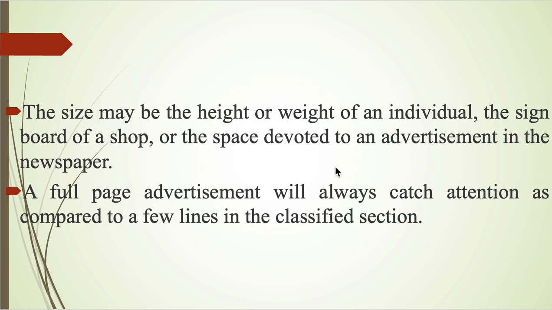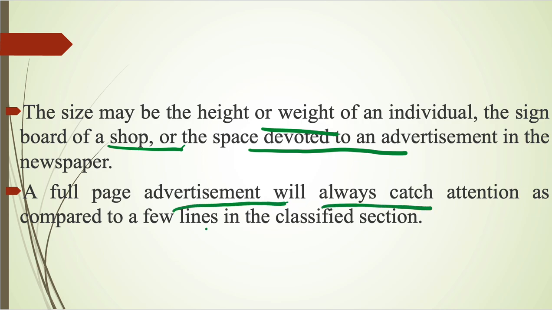The size may be the height or weight of an individual, the signboard of a shop, or the space devoted to an advertisement in the newspaper. The full page advertisement will always catch attention as compared to a few lines in the classified section. So size may be height or weight or any other factor relevant to the particular product or service.